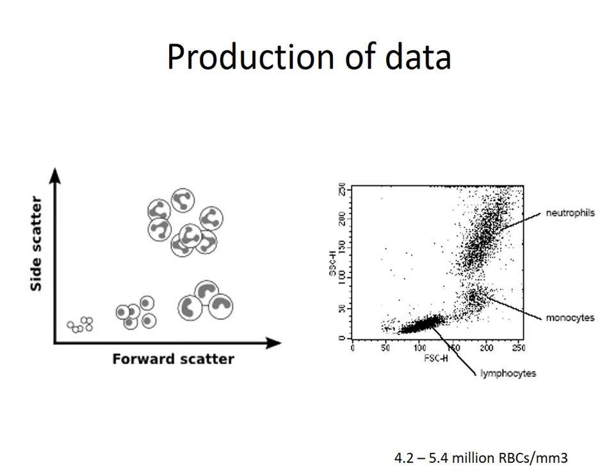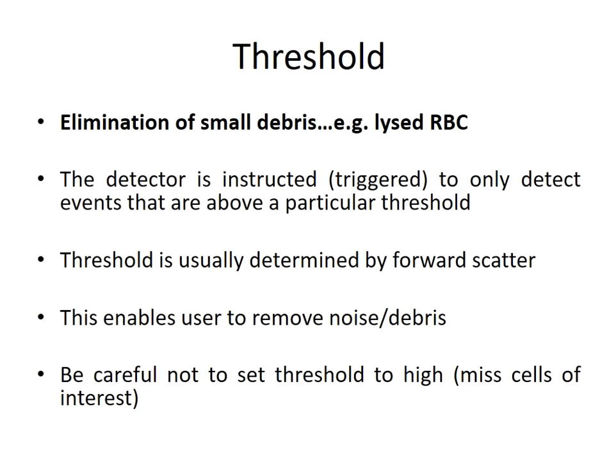And if we include red blood cells in the analysis, it'll be very difficult to look at this graph because the red blood cells will overtake the plot. But there is a way to eliminate red blood cells from the analysis, and one way we do this is through a concept known as threshold.